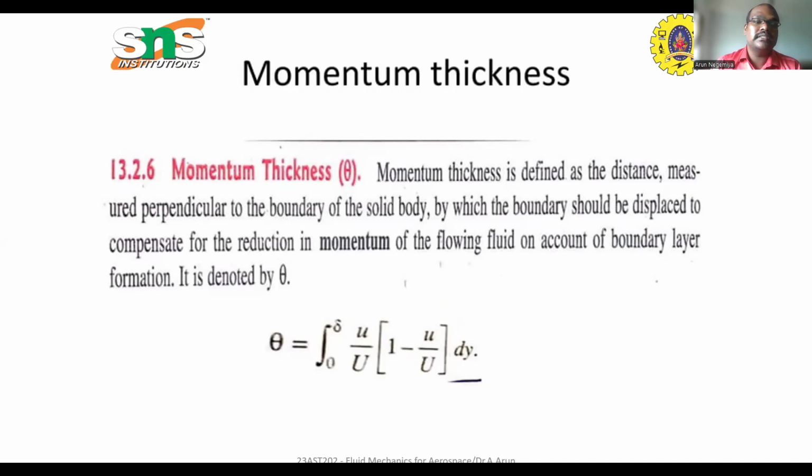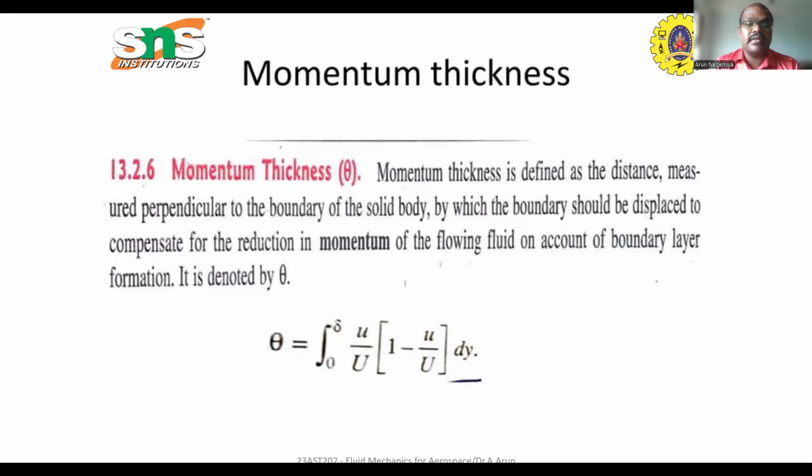It is not directly related to the boundary layer thickness, but it gives an approximate value of delta by 6. It has a major role in calculating the shape factor.